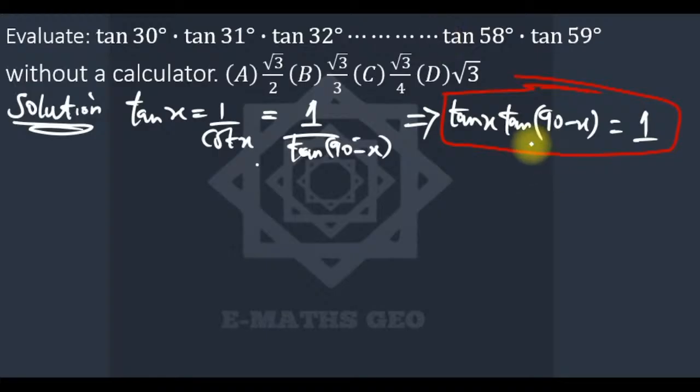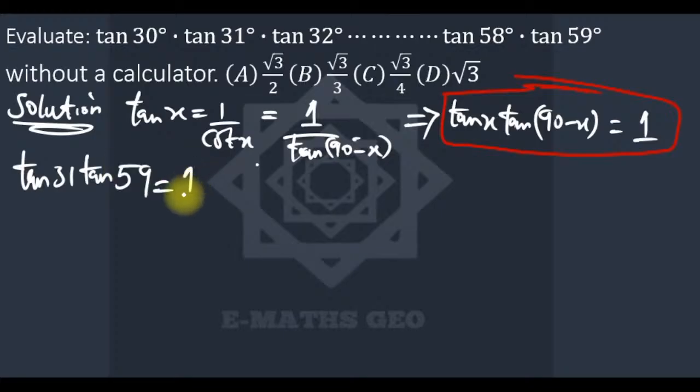They always sum to 90, so I can use this identity. So I'm saying tan 31 times tan 59, since multiplication is commutative, and then the product of tan 32 and tan 58.